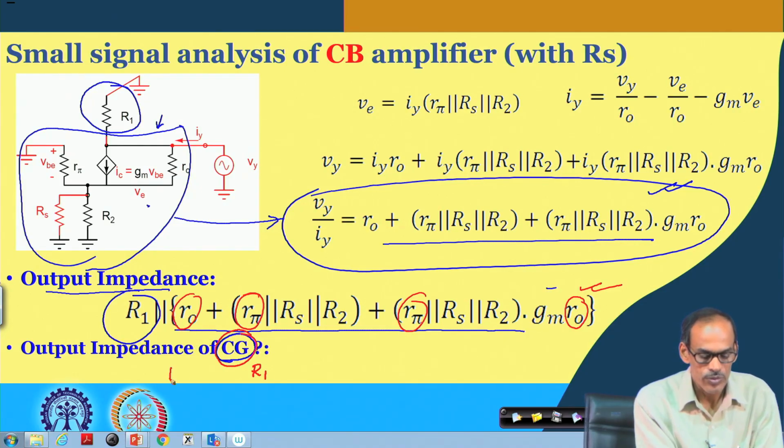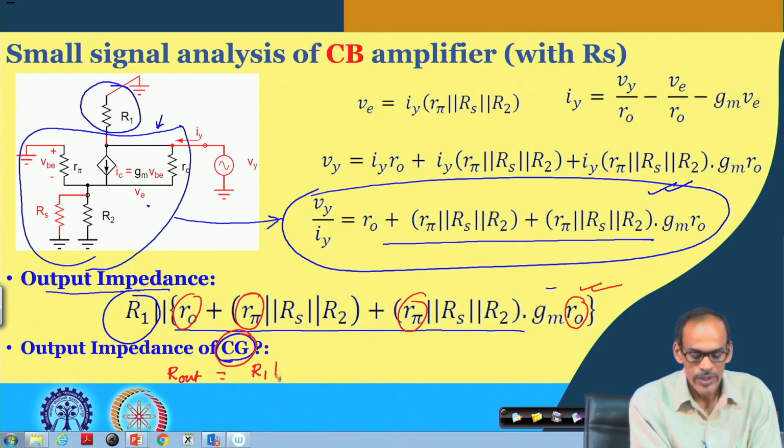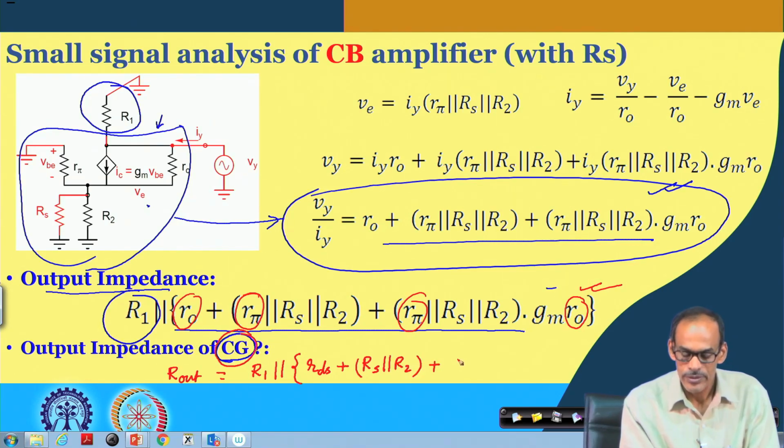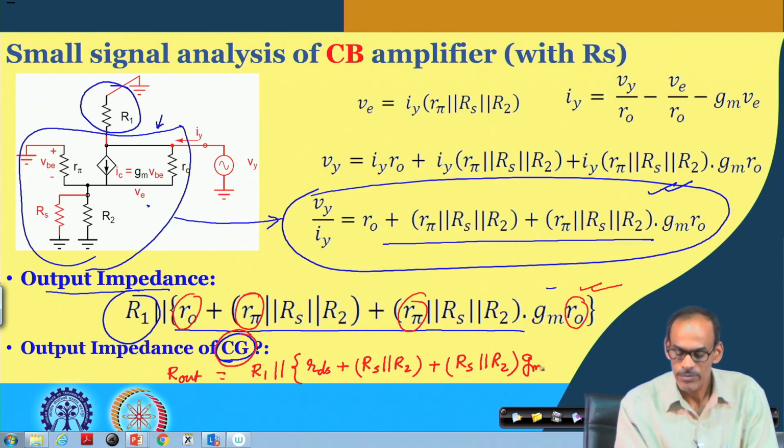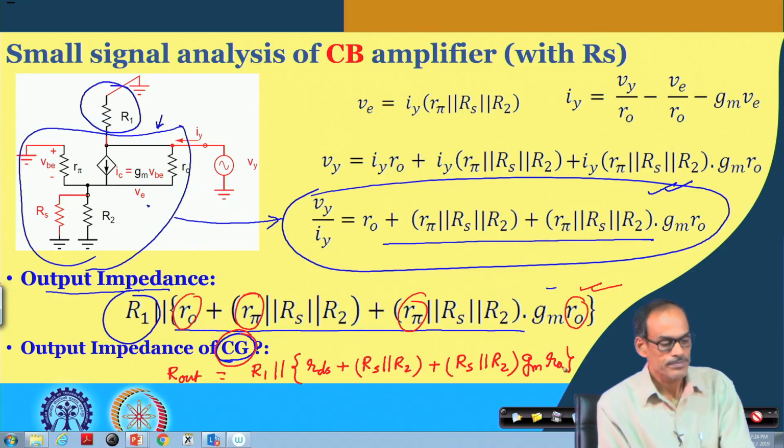So, this is the output resistance of the common gate configuration: R 1 in parallel with R d s plus R s in parallel with R 2 into G m into R O, right.